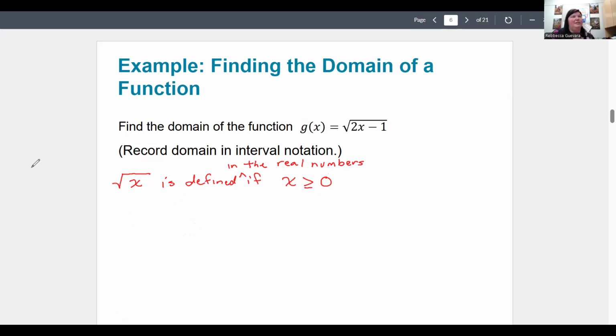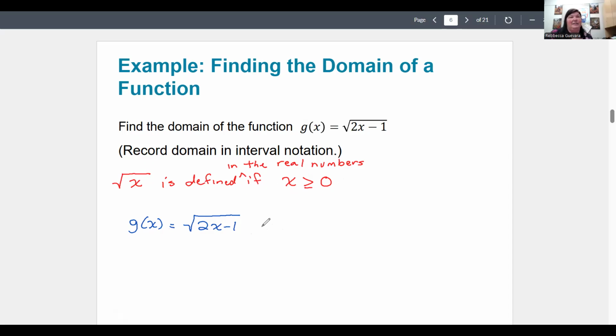So what that means for us, going back to the function we have, is that whatever is under that radical sign, so this 2x minus 1, also has to be greater than or equal to 0.